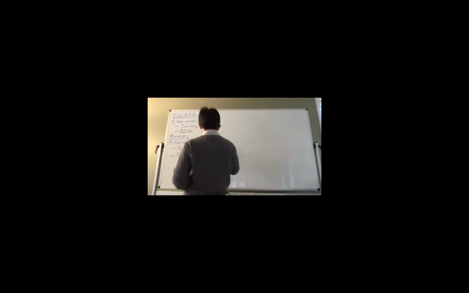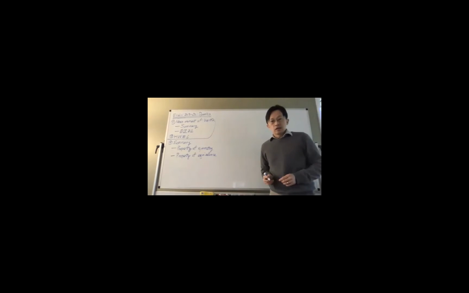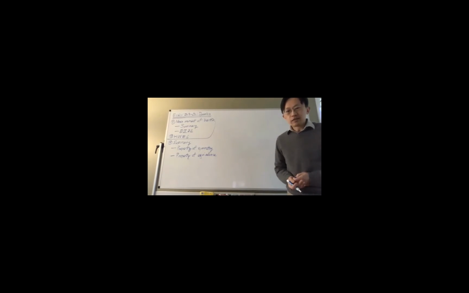And the next property is what we call property of equivalence. So what is property of equivalence? The property of equivalence has something to do with property of symmetry.